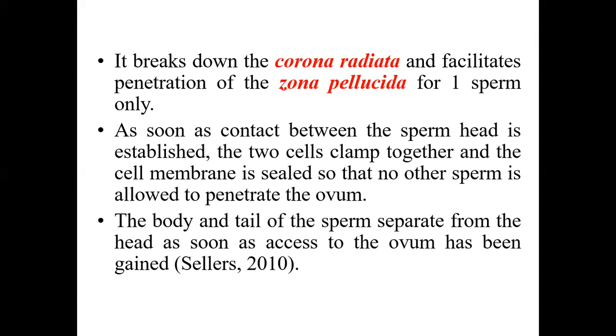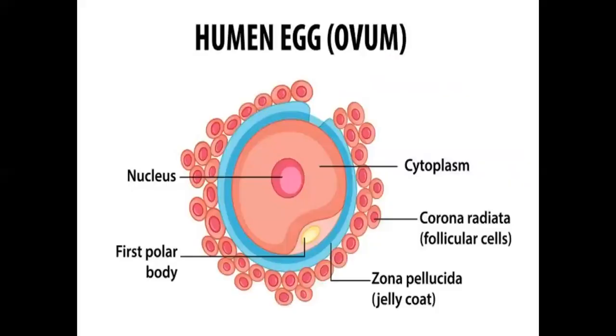Now, it's important to take note, as Sarah has indicated, the body and the tail of the sperm separate from the head as soon as access to the ovum has been gained. So this is additional information. Now, this is what we're just trying to analyze.